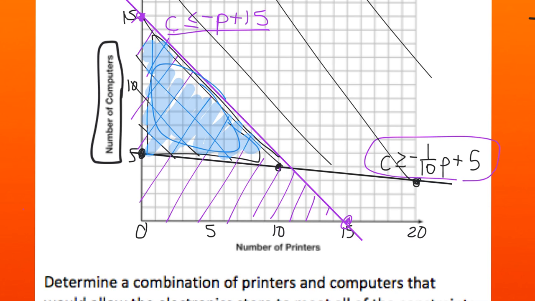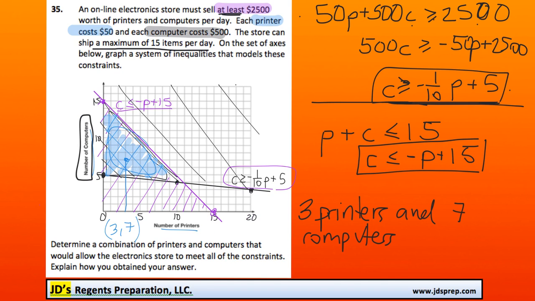For example, we could do (3, 7). That means there would be 3 printers sold and 7 computers. So you could simply say that 3 printers and 7 computers would allow the electronics store to meet the constraints, and the explanation would be that the coordinates (3, 7) are within the constraints of this system of inequalities.